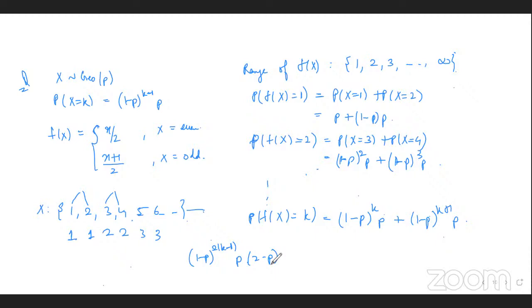Okay. I think we can take 1 minus p to the power k common, and if we can simplify, it may come. So 1 minus p to the power k, take p common. So 1 plus 1 minus p.